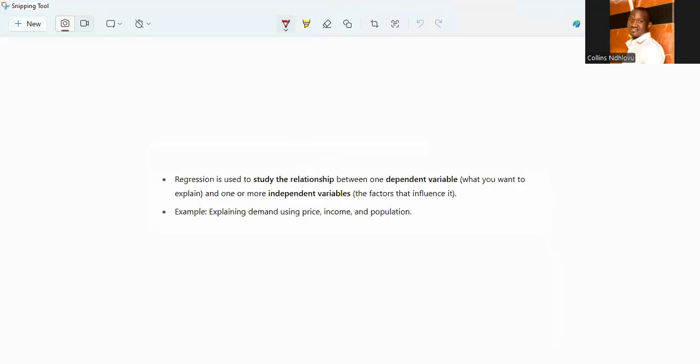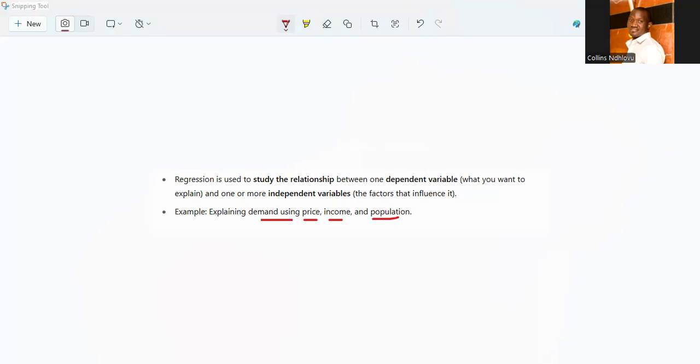Regression is used to study the relationship between one dependent variable, what you want to explain, and another variable, which we call the independent variable, the factors that will influence it. For instance, you want to explain how demand is affected by a rising income or price or population. So that is called regression.